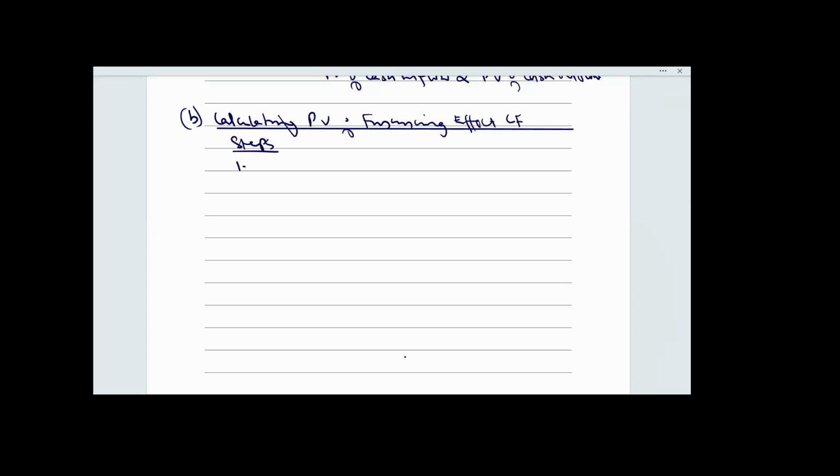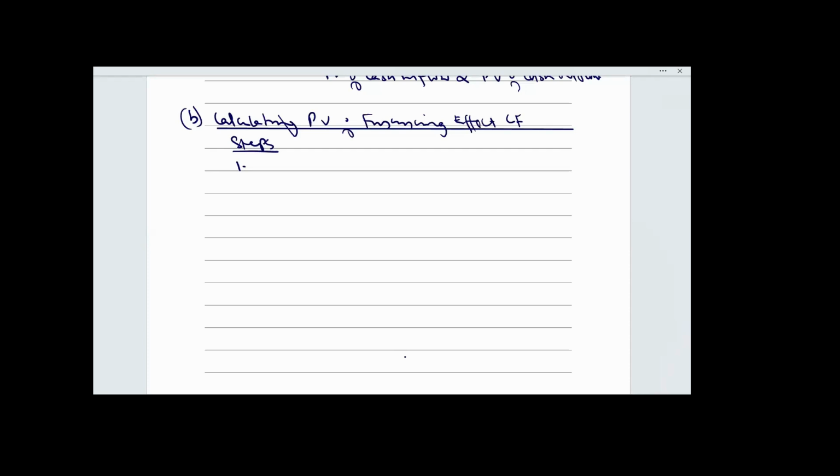Step 1, whenever you want to calculate present value of financing effects, you need to establish ab initio which cost of capital you want to use to discount the cash flow arising from financing. Miller and Modigliani, who propounded this adjusted present value, failed to tell us which cost of capital to use.